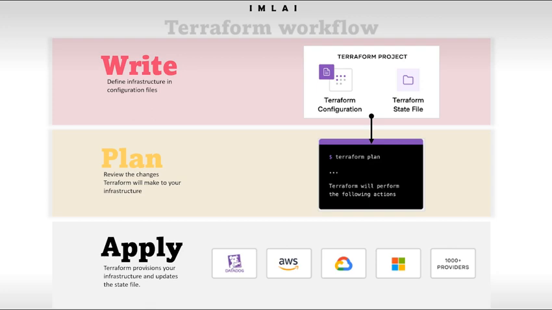So it all depends upon your configuration file, but it will create a plan of how to execute the orders that you have given in the configuration file. That's what happens in plan. In plan, you review the changes Terraform will make to your infrastructure.